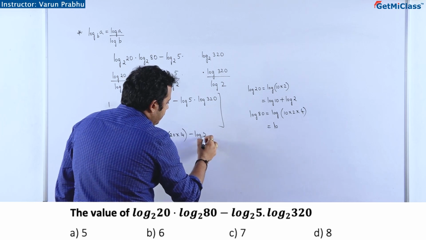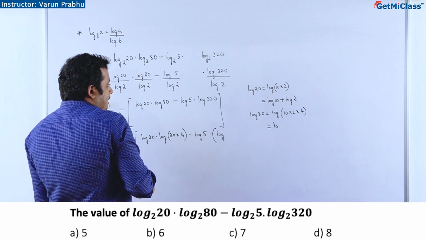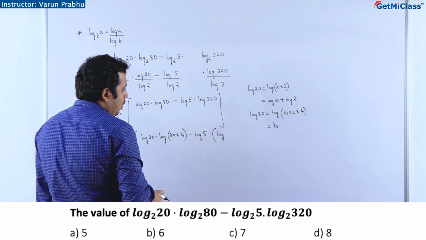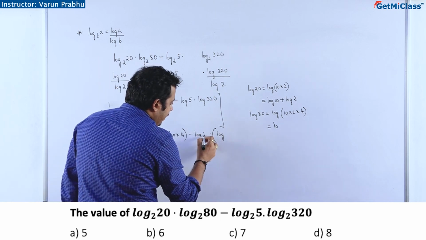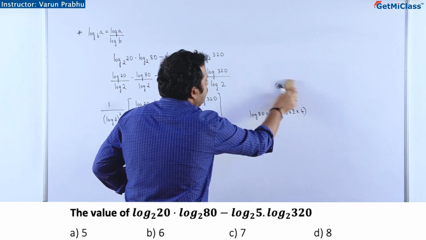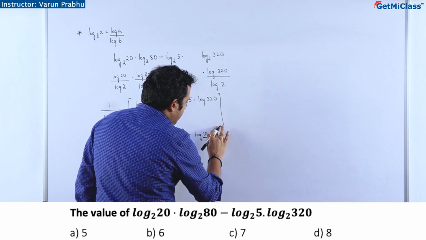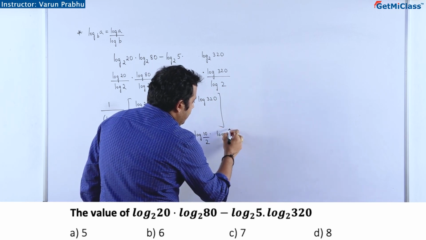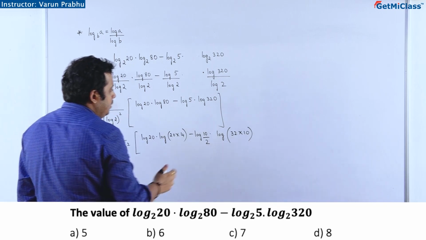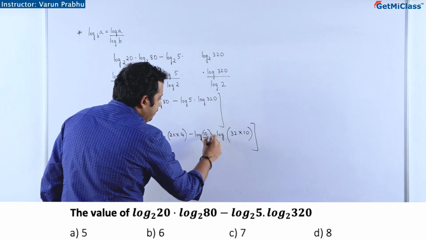Minus log 5 into log 320 can be written as log 5, I'll write log 10 by 2, into log of 32 into 10. These parts we don't want. We'll go by this approach. So if you can see this part, log 10 by 2.